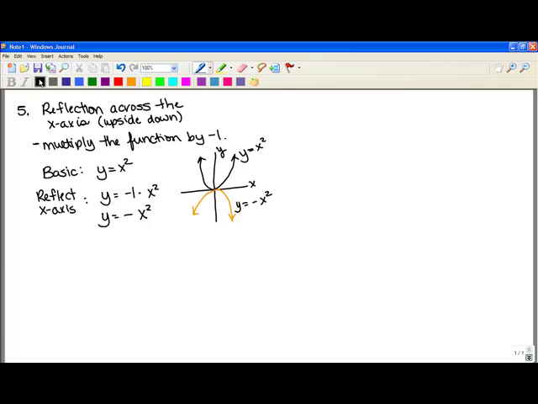Now the next type of reflection, I'll label it number 6, is reflection across the y-axis. To reflect a graph across the y-axis, we make the x variable negative.